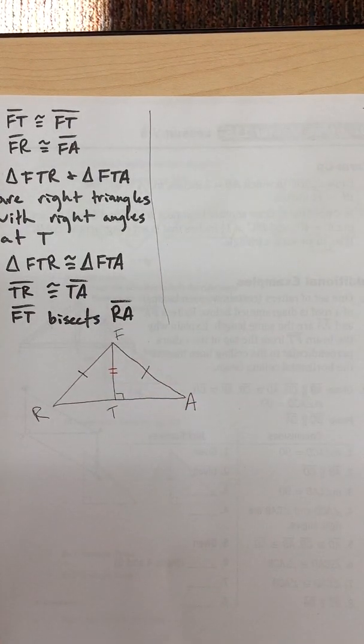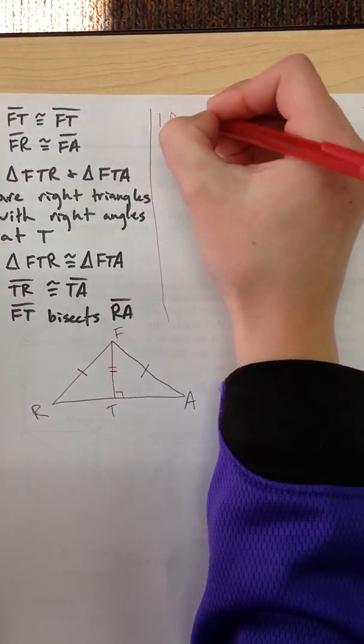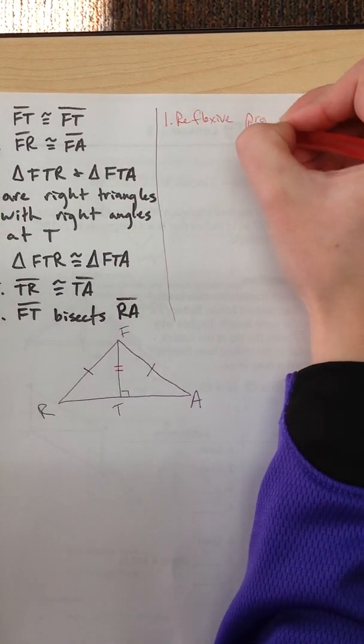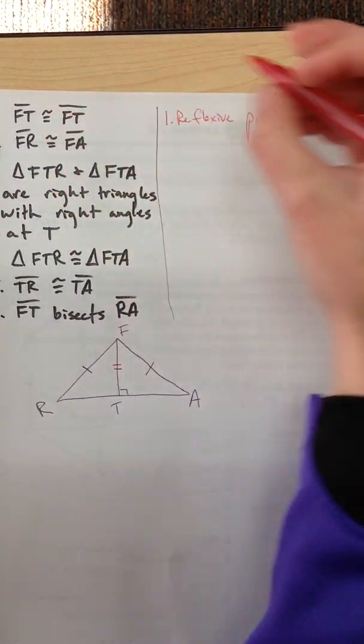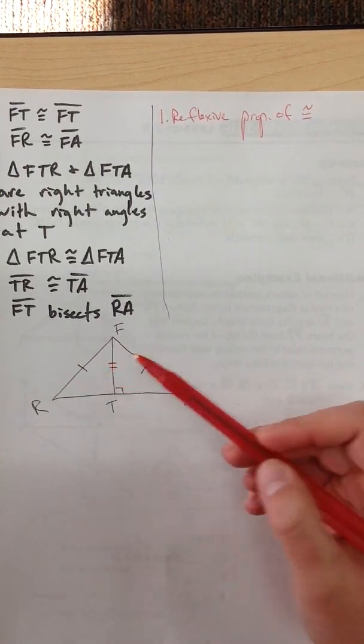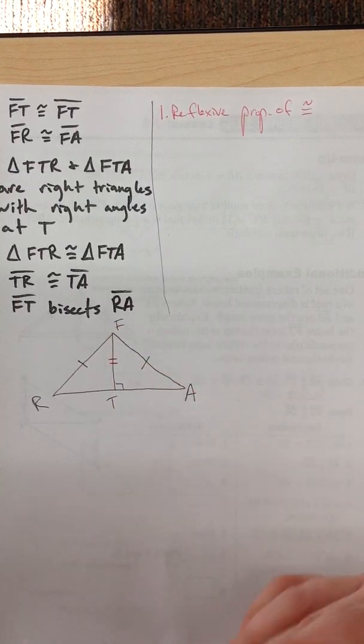If we remember from previous sections, if something is congruent to itself, that's the reflexive property. So this is the reflexive property of congruence, when a segment is congruent to itself, so reflexive. Next one here, we've got segment FR is congruent to segment FA.